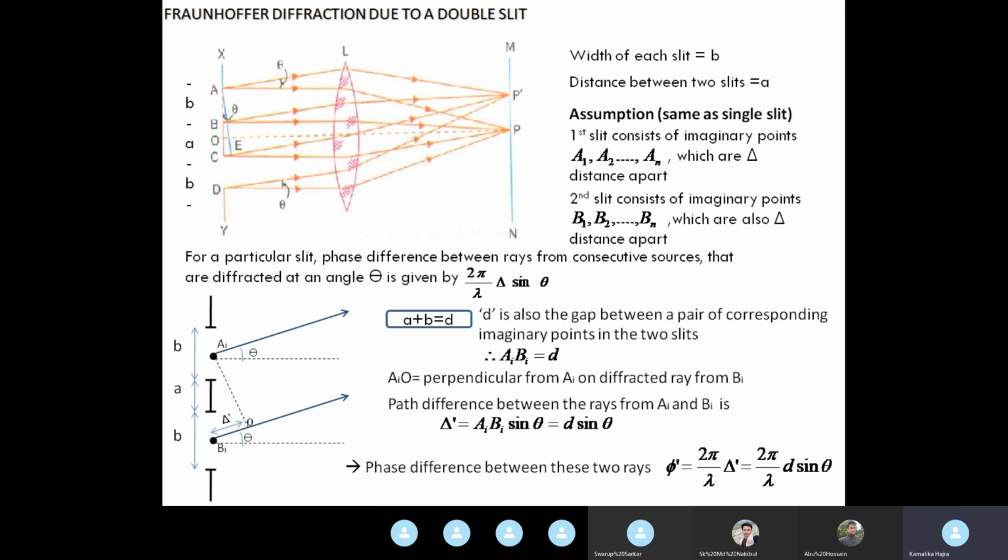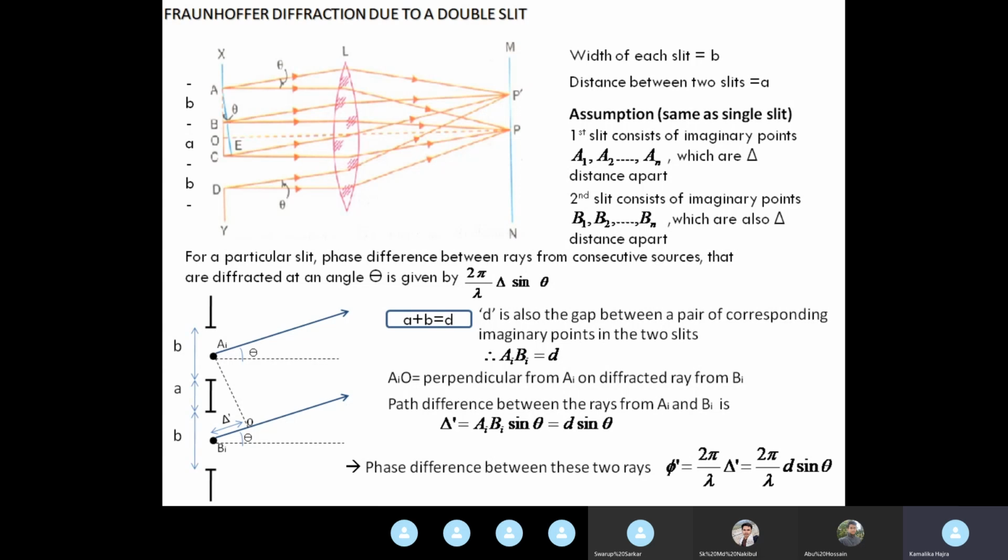Okay, so all the rays coming from the second slit inclined at an angle theta lag by a phase phi prime all the rays that come out from the first slit inclined at the same angle theta. So this realization at this point is extremely important.